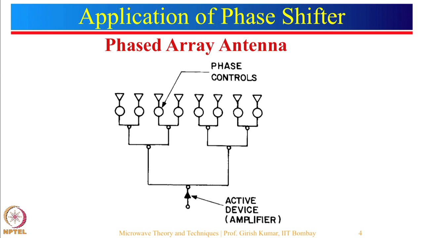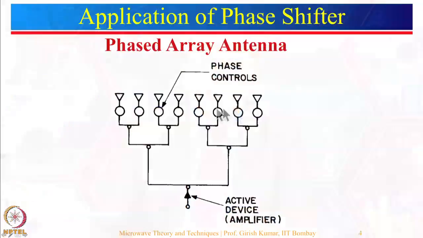If we now increase the phases, instead of step of 10, let us say we increase the steps by 20 degree, then the beam will shift like this here. Similarly, if we change the phase values from plus to minus, then the beam will shift in the other direction. So, we can scan the beam from this direction to this particular direction.